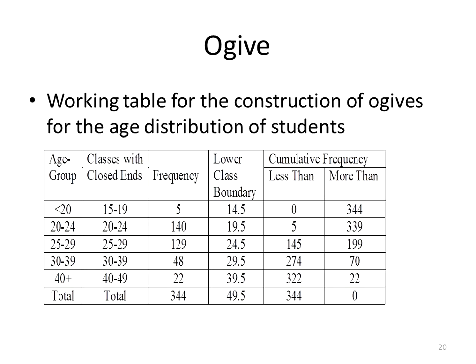Now the lower class boundary for the first one will be 14.5, and then the next ones will be 19.5, 24.5, 29.5, 39.5, and 49.5. So these are the lower class boundaries that you're going to use in the construction of your ogive.